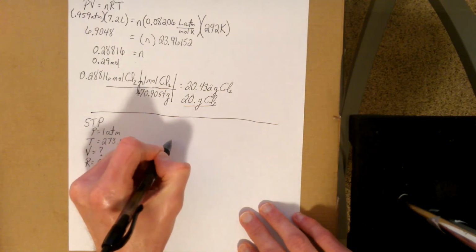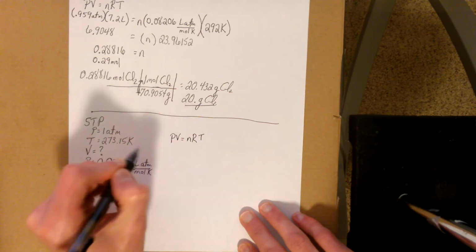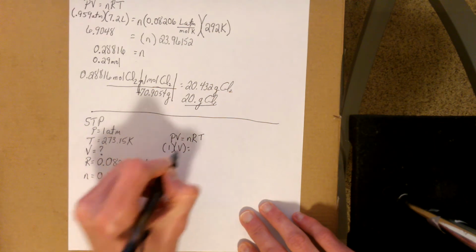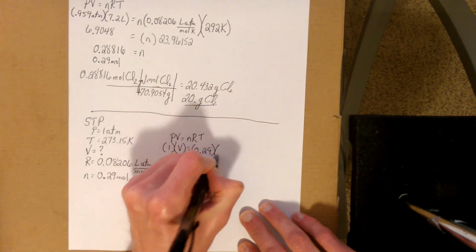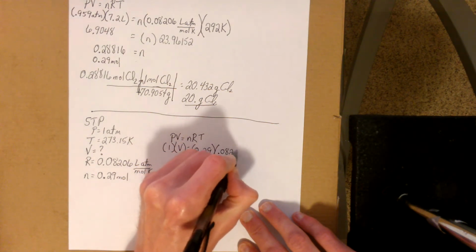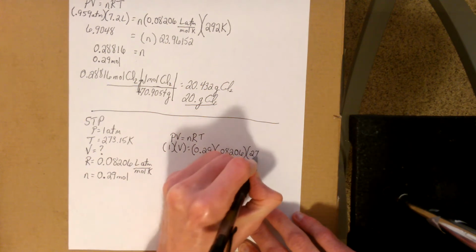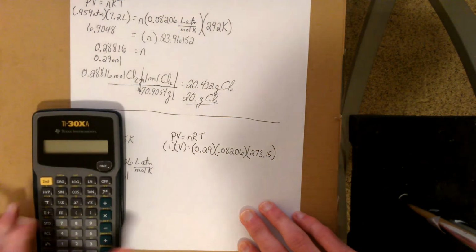So we have PV equals nRT. So pressure is 1 atmosphere, volume is unknown, N is 0.29, R is 0.08206, and temperature is 273.15.